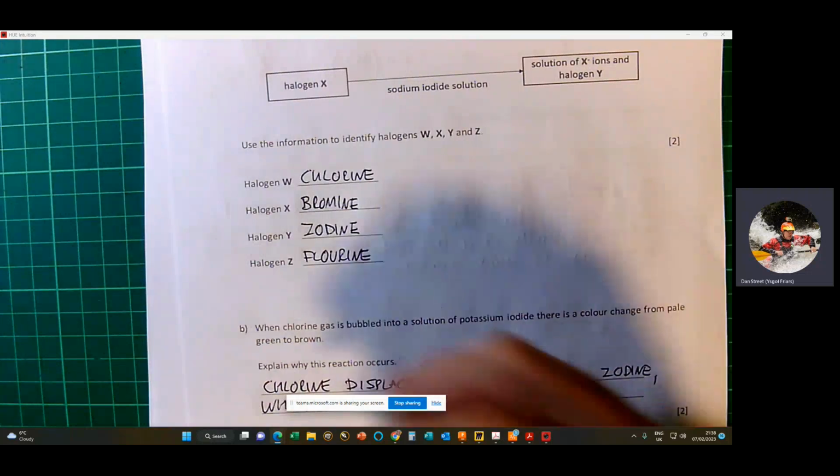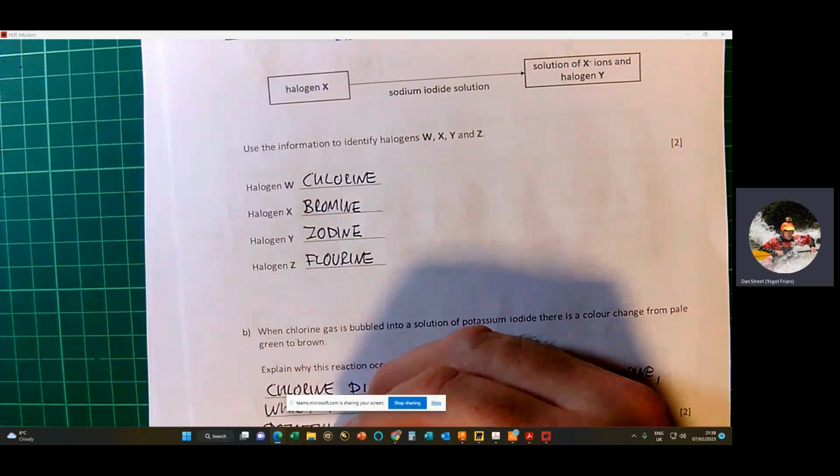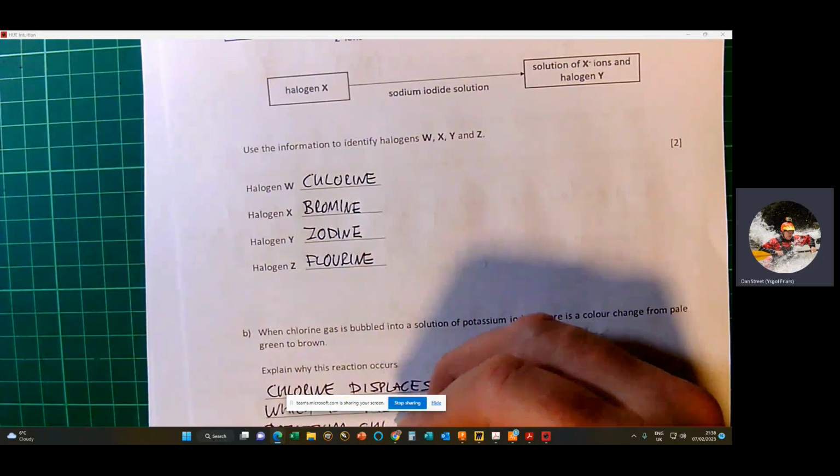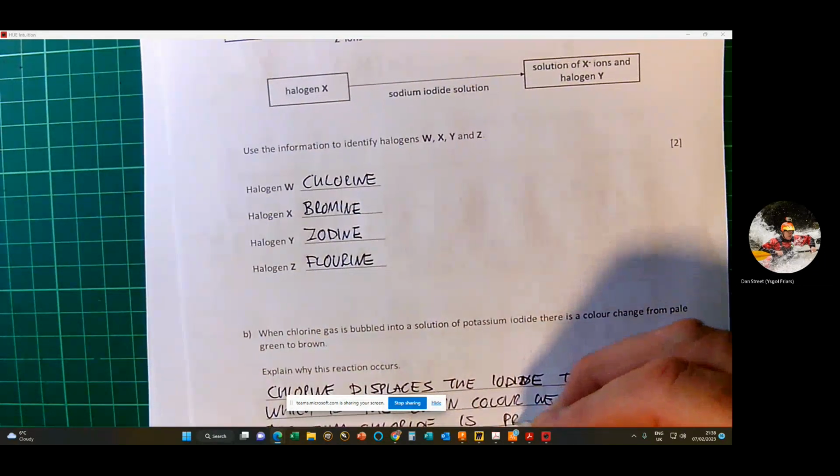And we could also say that potassium chloride is produced, but that's a clear and colourless compound, and we wouldn't see that as such.